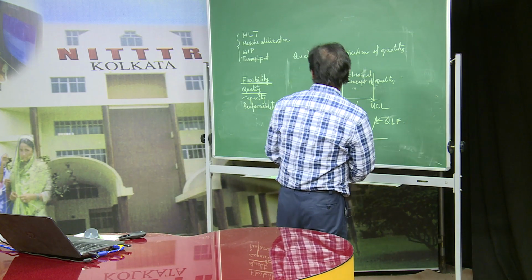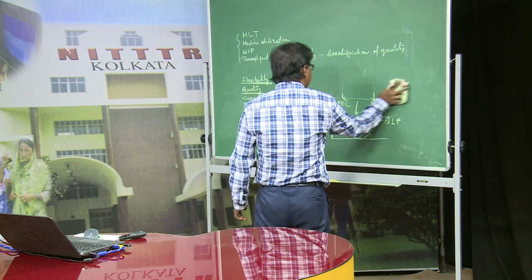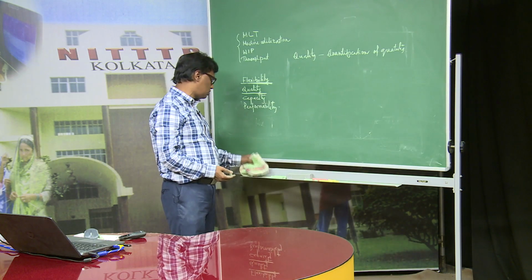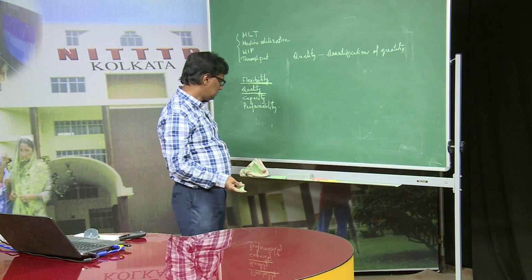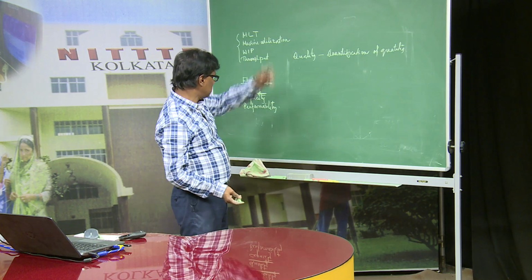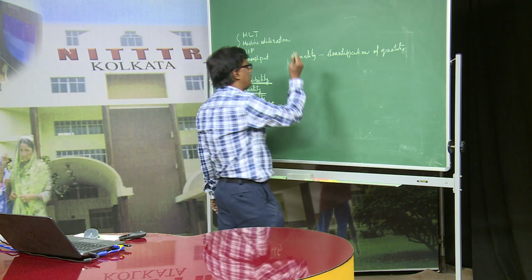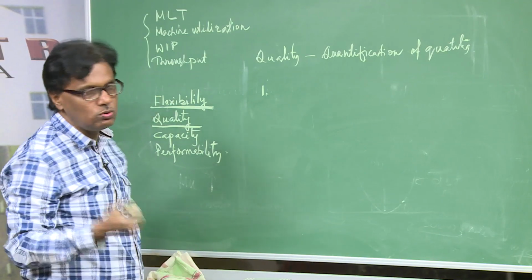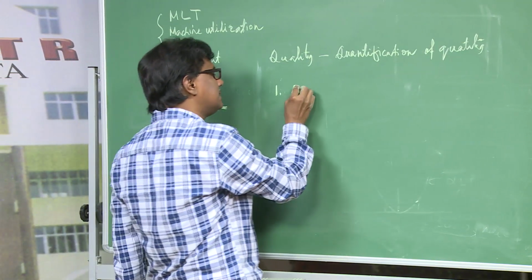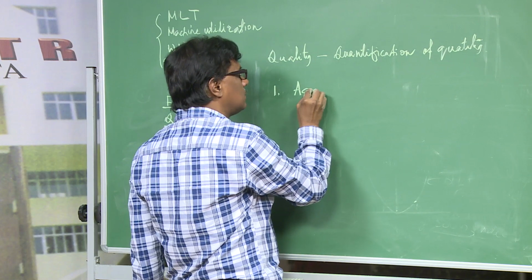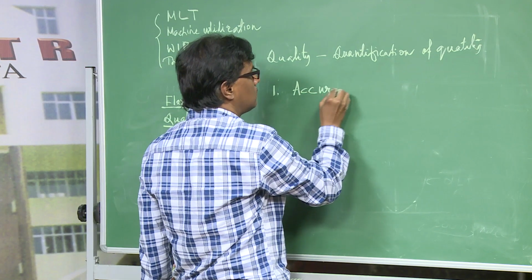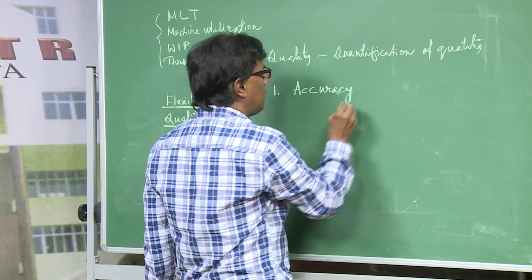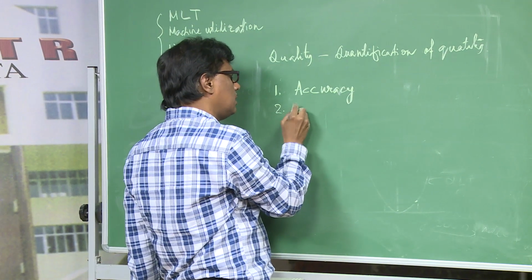Now, how do I quantify this quality? Quality of any manufactured product or of any automated manufacturing system is basically measured by two parameters. One is accuracy, another is precision.